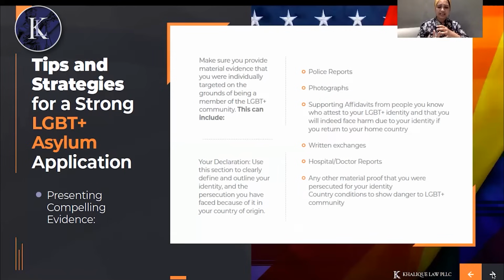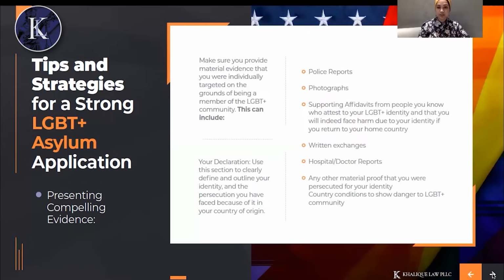And then discussing how other people treated you because of it, any harm that you faced, anything you know about other people in your home country whose lives were in danger because of that, and then what you think will happen to you if you go home. So these are the things that you want to discuss in your declaration. That is the most important part of your application.